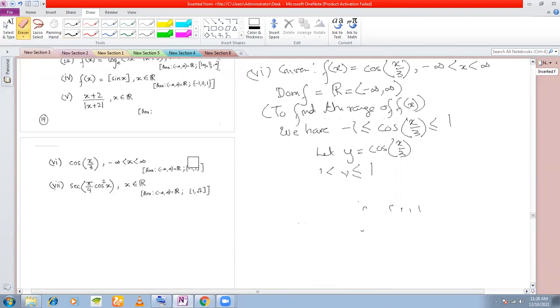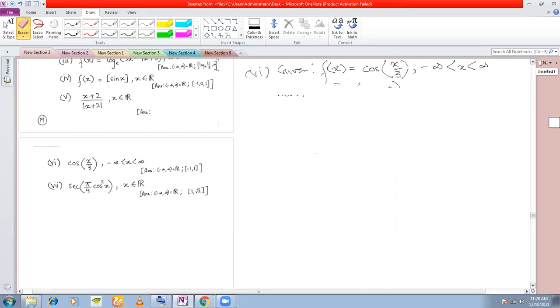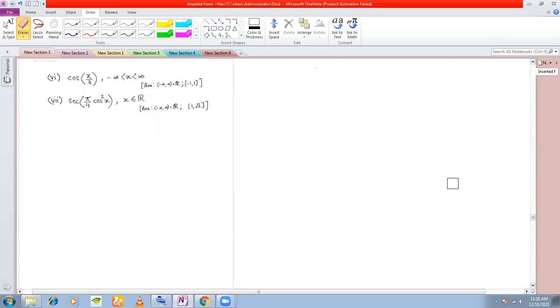Okay, next one and the last one. Number 7. Given here, let f(x) be equal to sec(pi/4 cos squared x), x belongs to R. What can be the domain of f?